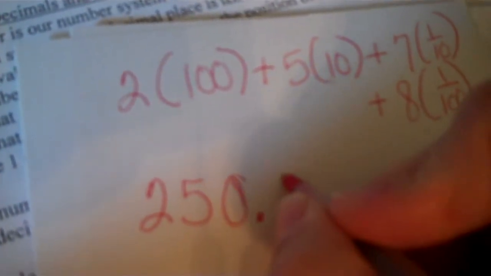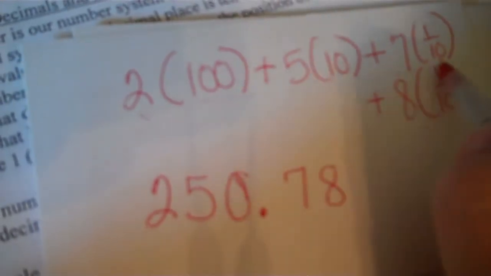Okay, so we're going to start. Our largest place value represented is the hundreds. So my 2 will go first. There's a 10, and that's 5 in the tens place. There's nothing in the ones place, so we need to fill that in with a 0. Then I write my decimal. And then I have 7 in the tenths place and 8 in the hundredths.